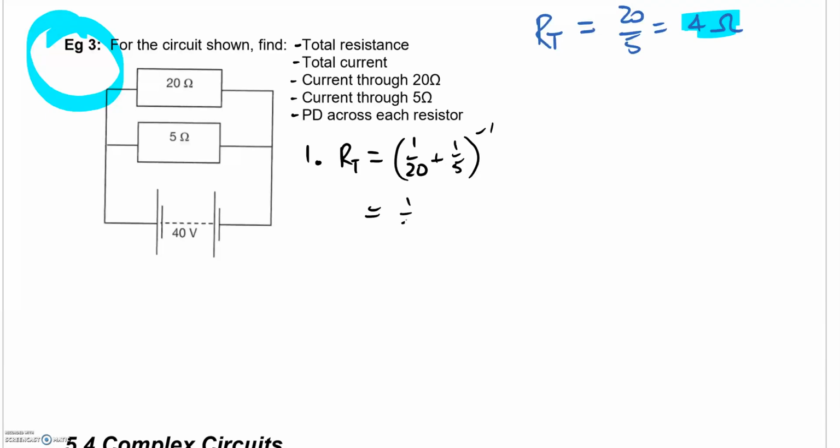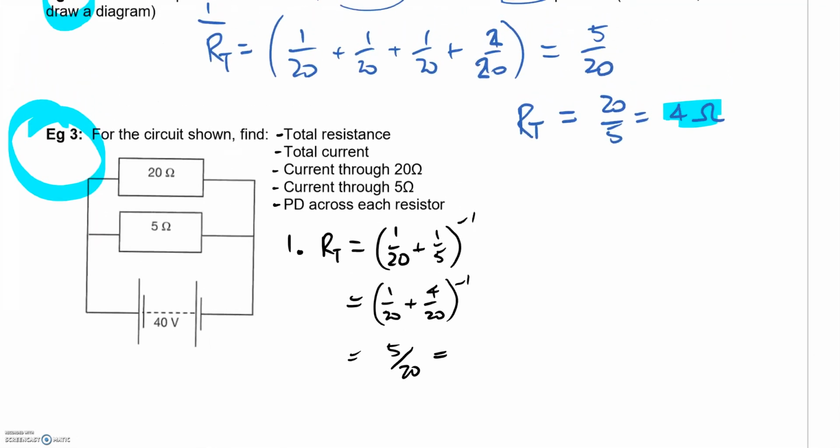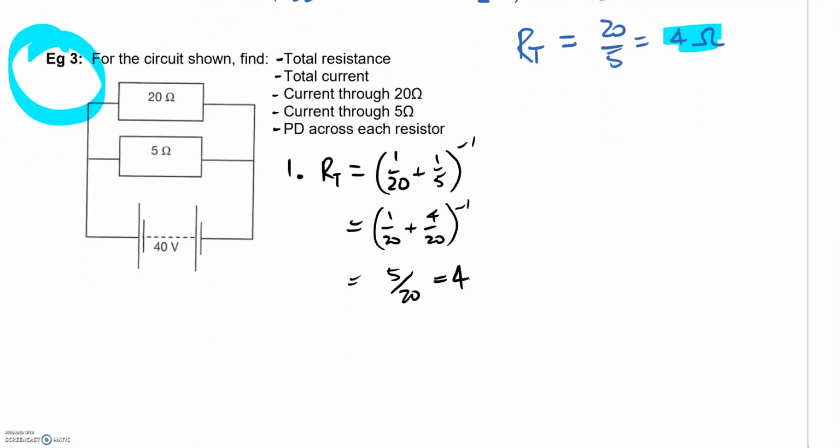So 1/20th plus 4/20ths. The inverse of 5/20ths is 20 over 5. Surprise, surprise, that's again 4 ohms. Oops, the inverse there. Just double check 20 over 5. Yeah, 4 ohms.